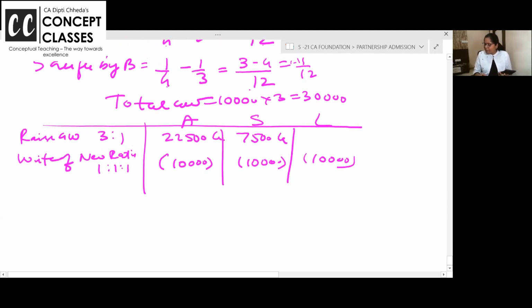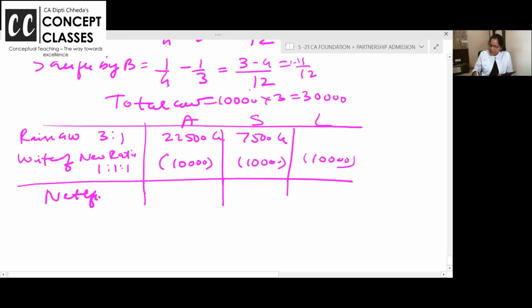Lalit, we will not debit because Lalit is bringing in cash. Net effect: you have to give 12,500 goodwill to Amit.